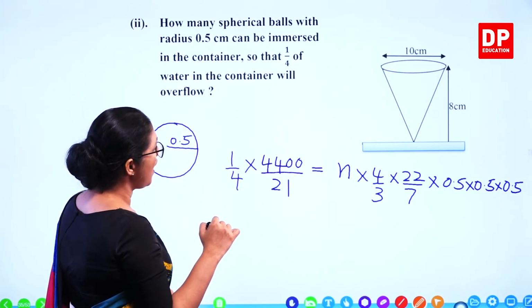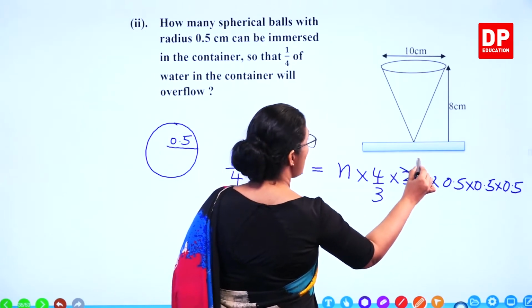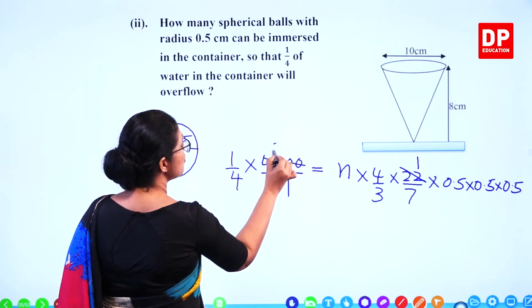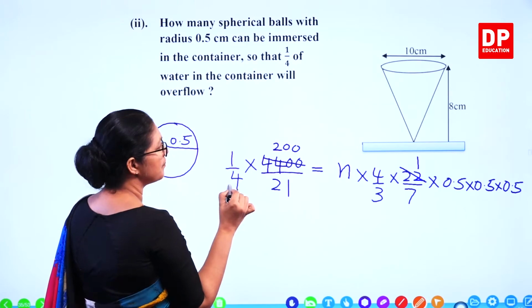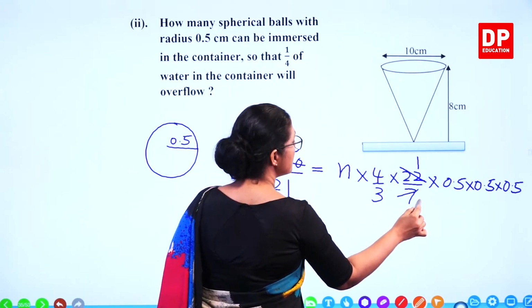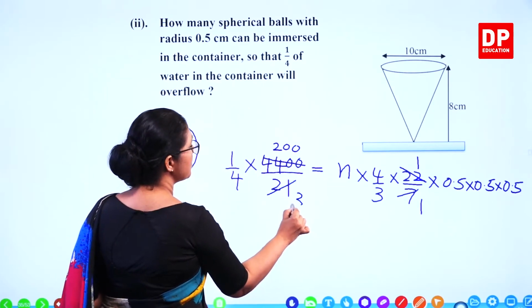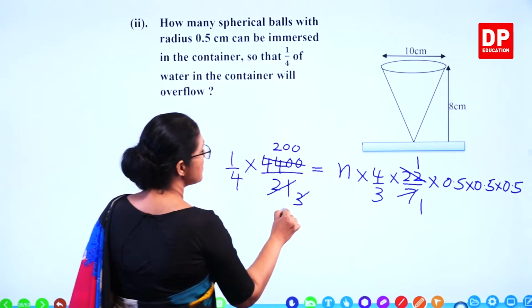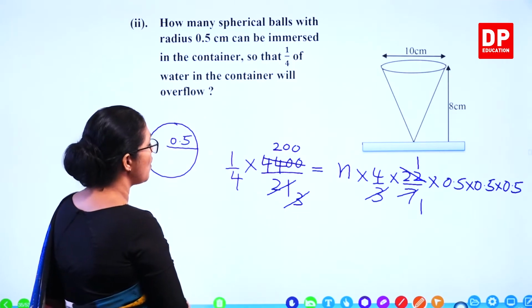We can simplify. 22 times 1, 22 times 2, so 200 you are getting. What else? 7 times 1, 7 times 3. And this 3 and this 3 get cancelled out.